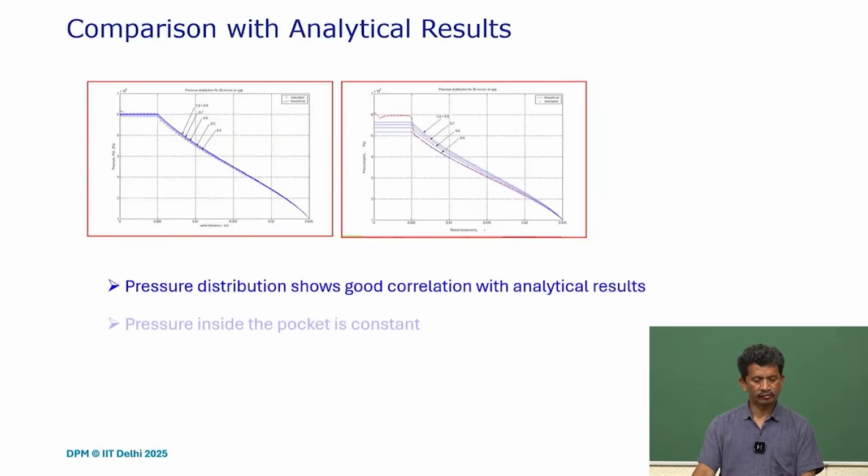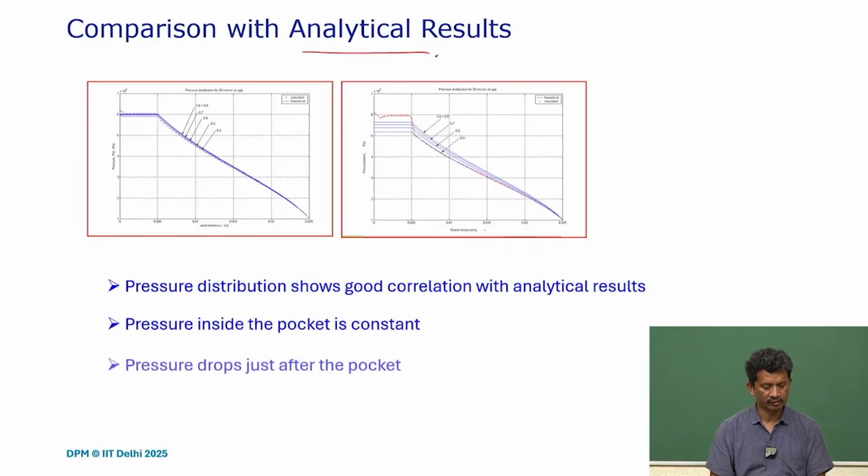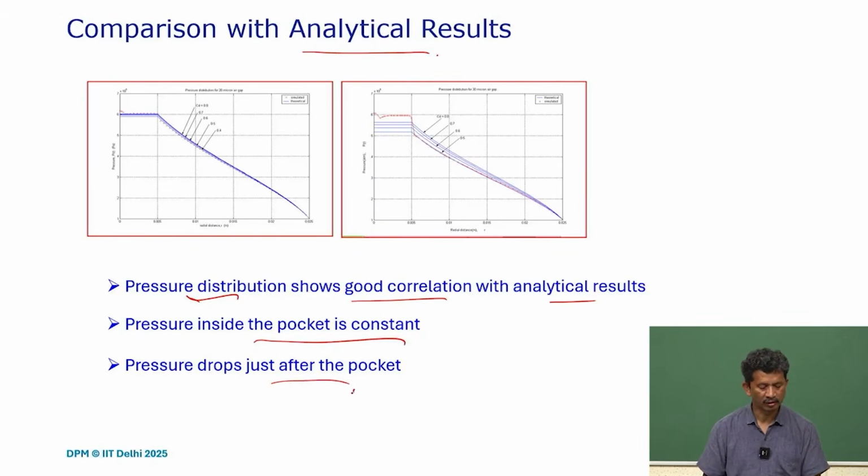So we also try to compare the CFD results with the analytical results, and what we see is a very good correlation in the pressure distribution. And of course, there are certain assumptions. For different CD values, we can see they are more or less converging, and the dotted line is from the CFD calculations.